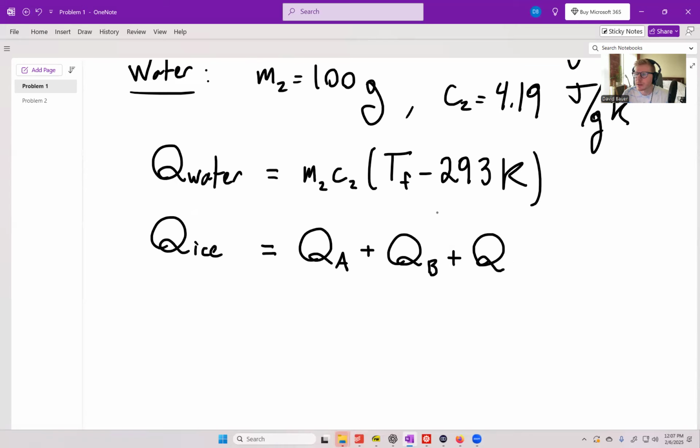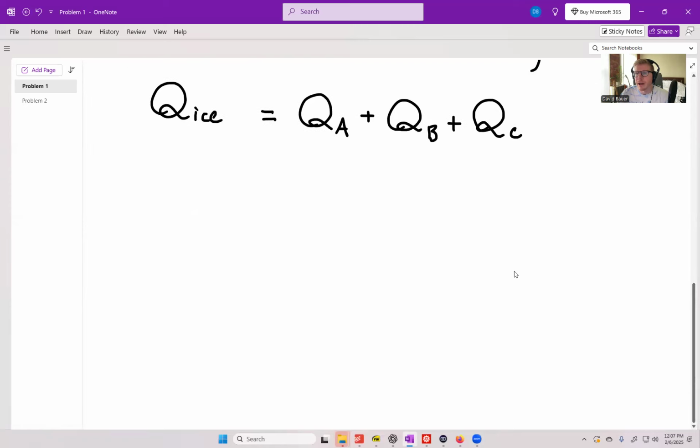I'll call those 3 processes, A, B, and C. A is bringing the ice up to 0, B is melting the ice, and then C is bringing it up to the final temperature. And A and B we can calculate numerically. C we don't know because that depends on the final temperature, which is what we're trying to find.